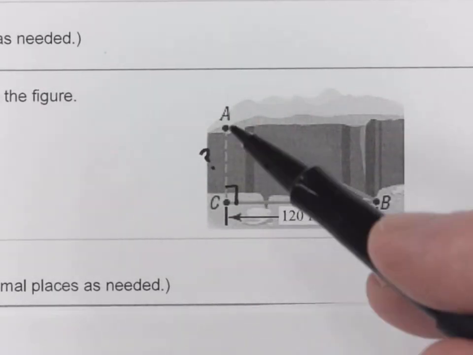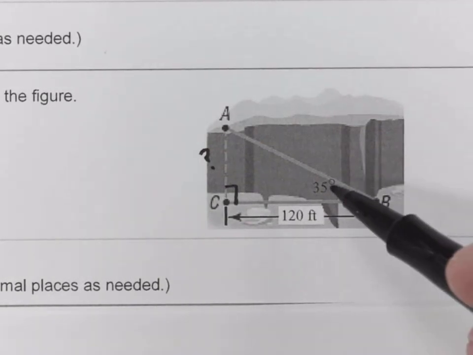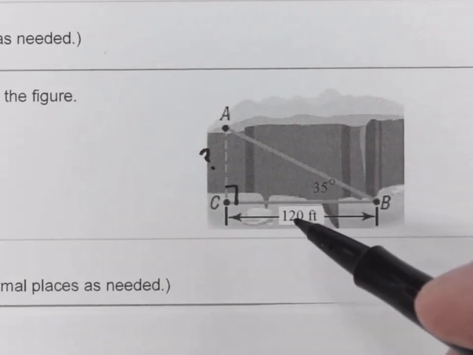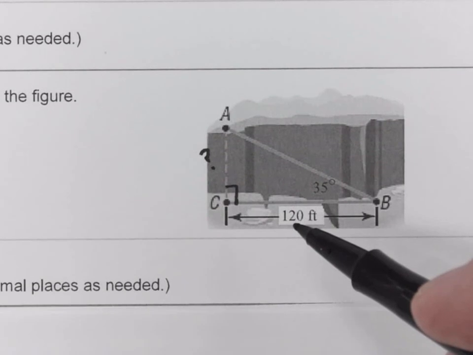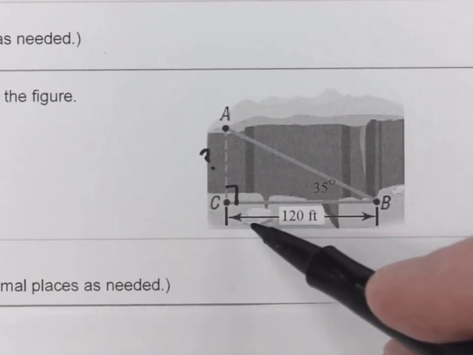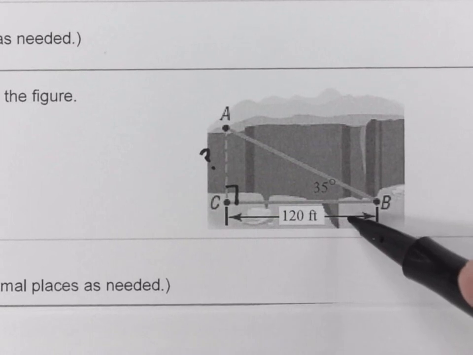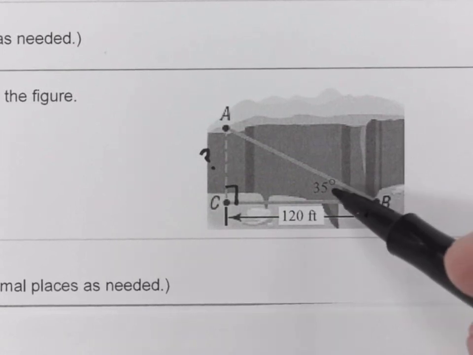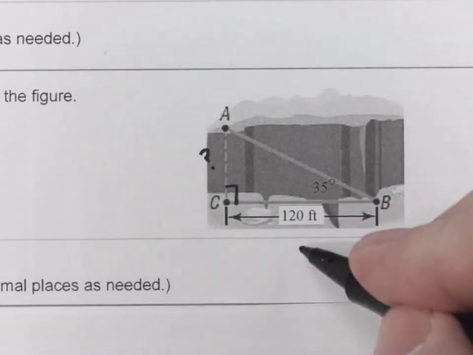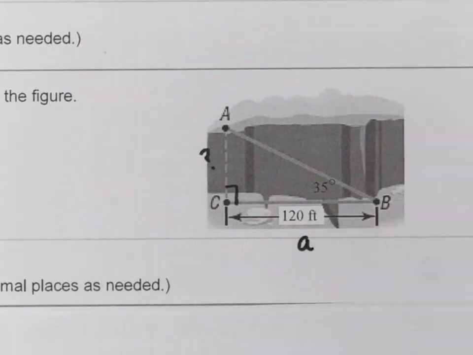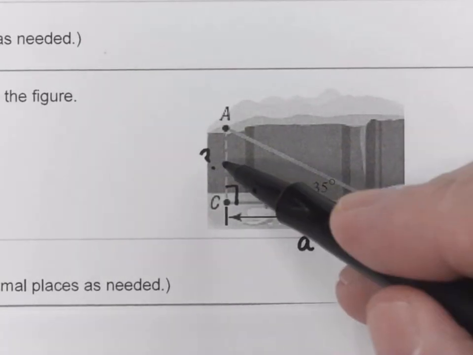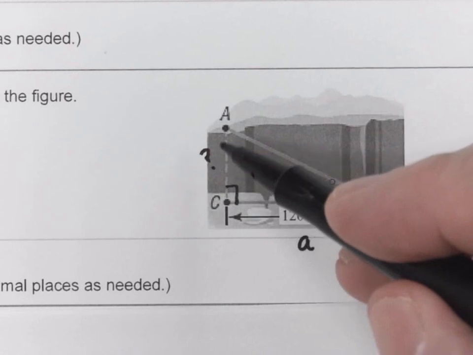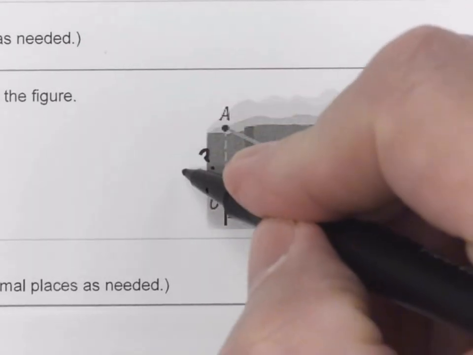Now if we think of this as a right triangle, and this is my angle, if we think of hypotenuse, opposite, and adjacent, this 120, which side is this if this is my angle? Well, this is my adjacent. And what I want to know is, which side is this? Well, this is the opposite.